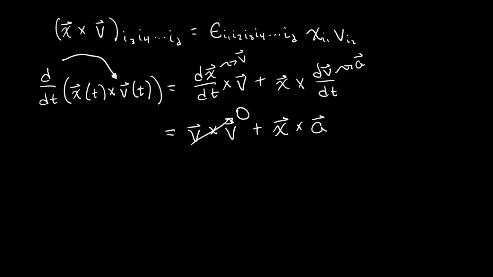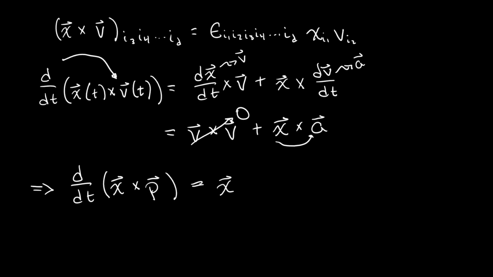And here I can also pull it through and multiply by the acceleration to give a force, just by Newton's second law. And so what I find is d by dt of my position vector crossed with my momentum is equal to my position vector crossed with any force that I'm applying on the system. And I'm going to put this in a box because it's very important.